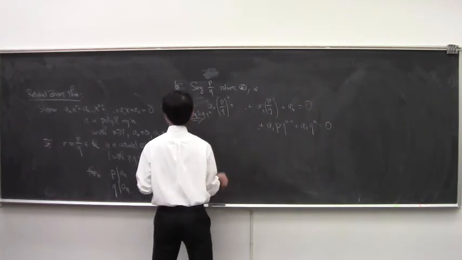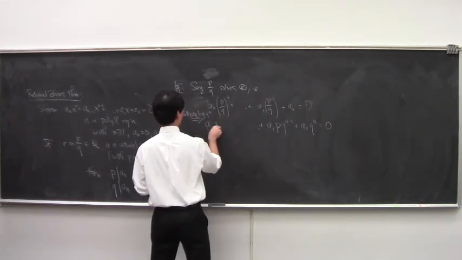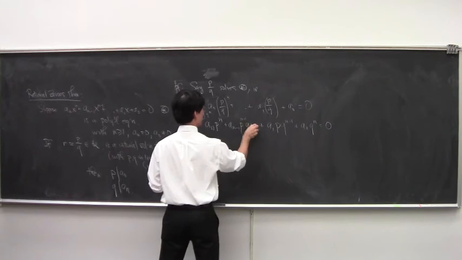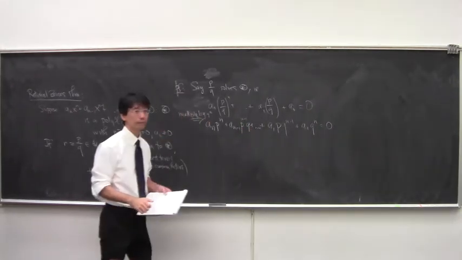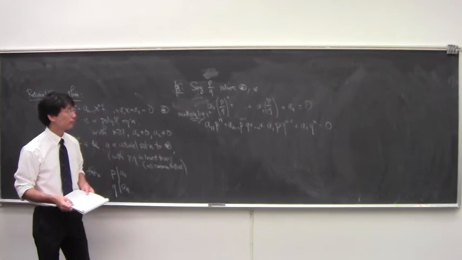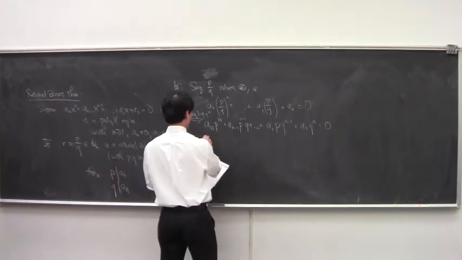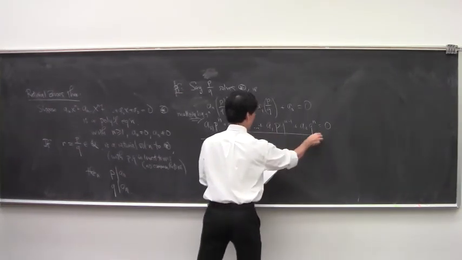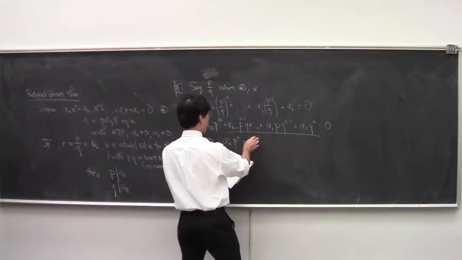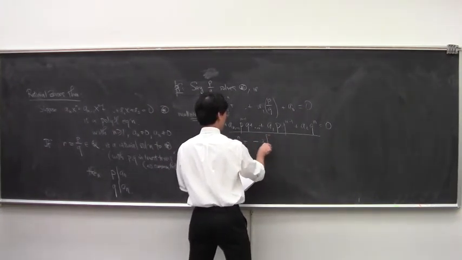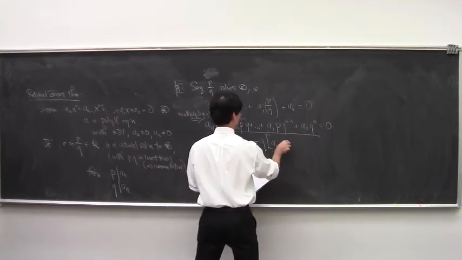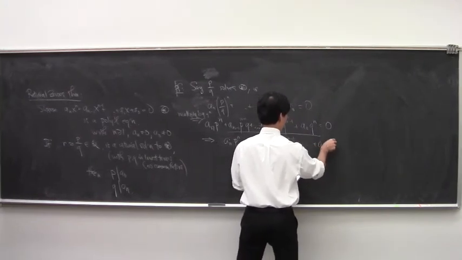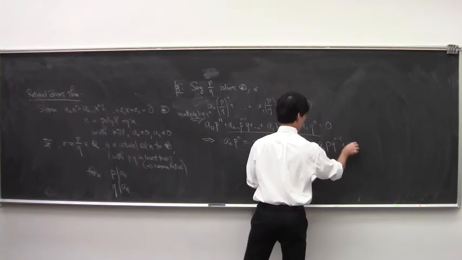Let me throw in the second term, just to make it clearer: a n p^n plus a sub n minus 1 p^(n minus 1) q plus and so on. Well then, moving all of these other terms to the other side and factoring out a q, we get a sub n p to the n equals q times (a sub n minus 1 p to the n minus 1 plus ... plus a naught q to the n minus 1).